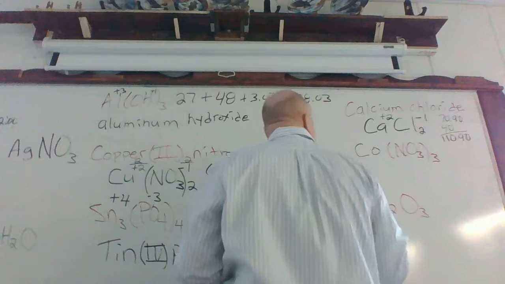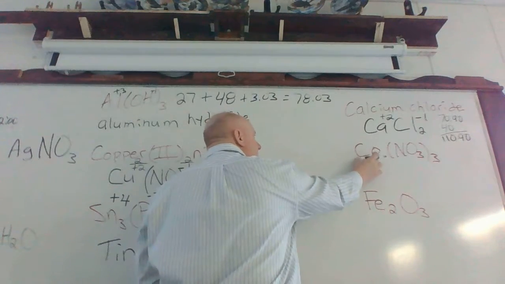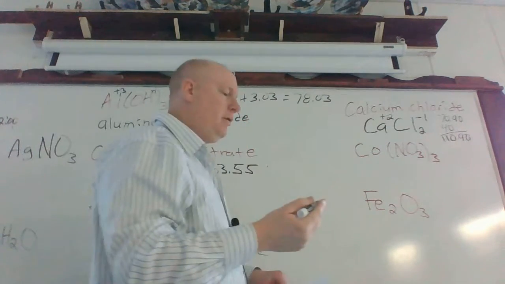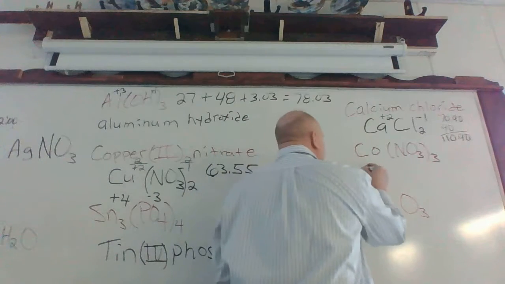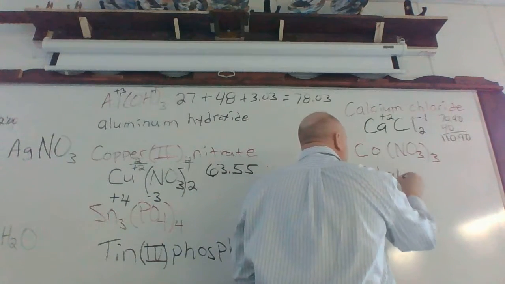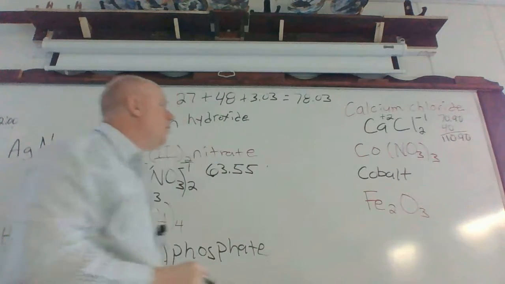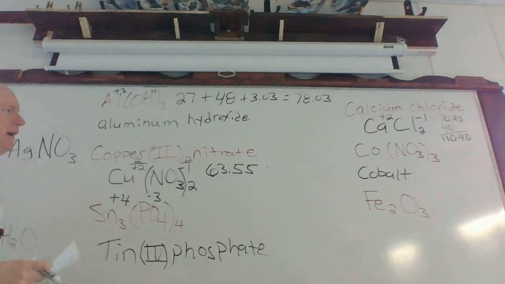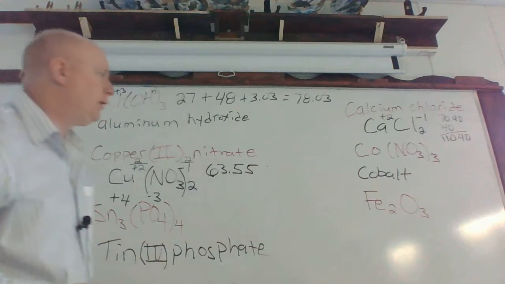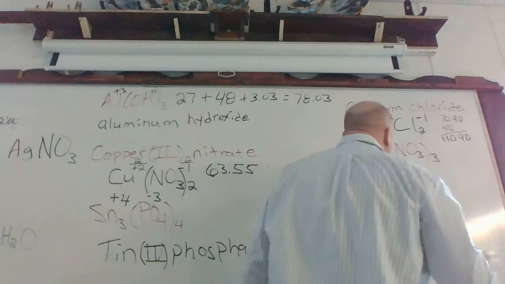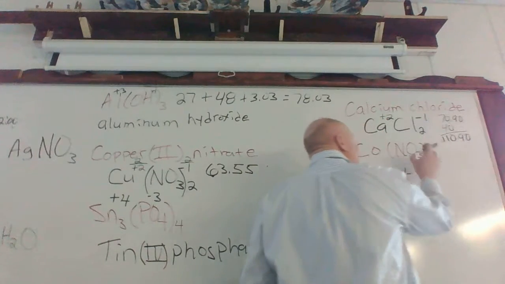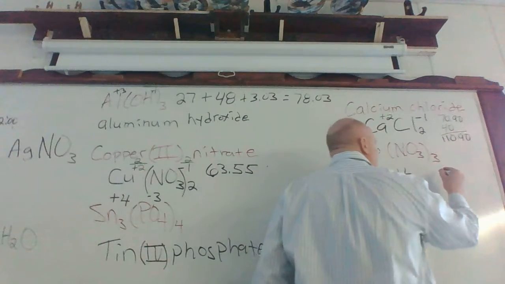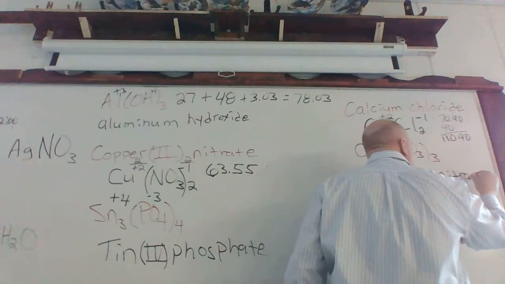Then as we proceed forward, the symbol Co is for cobalt. So with cobalt, we're going to leave a space because we know that cobalt can either be +2 or +3. NO3 is the nitrate ion.